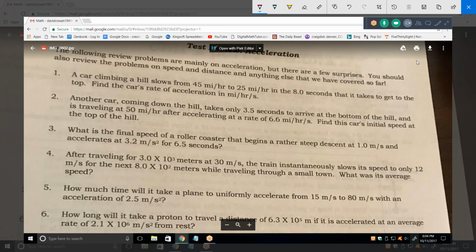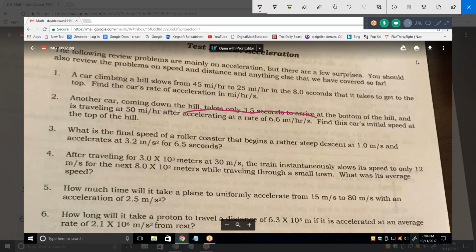Hold on a second, let me read number 2. A car coming down the hill takes only 3.5 seconds to arrive at the bottom of the hill and is traveling at 50 miles per hour after accelerating at a rate of 6.6 miles per hour per second. Find the car's initial speed at the top of the hill. Here's where we want to start.